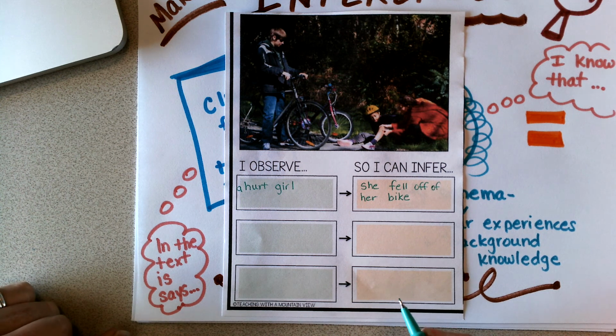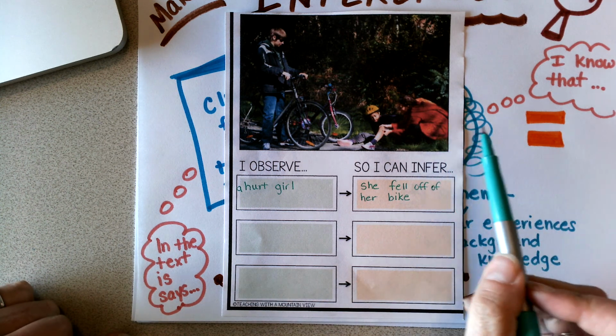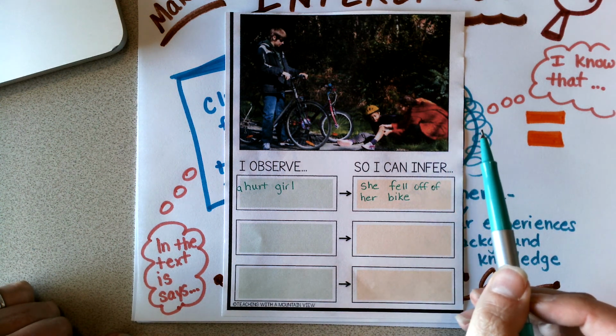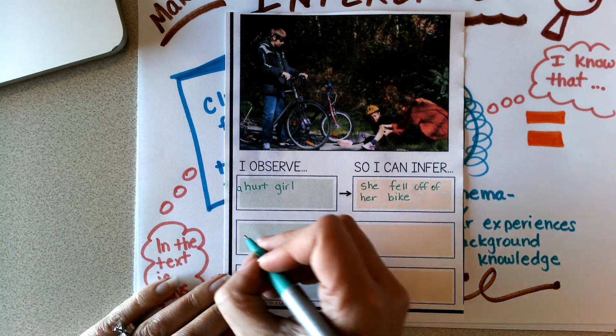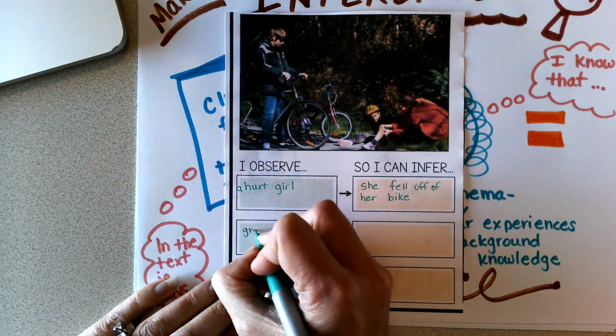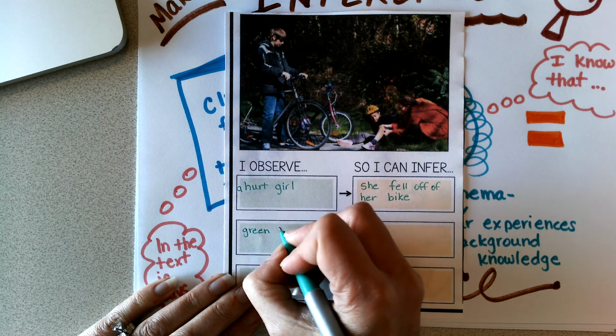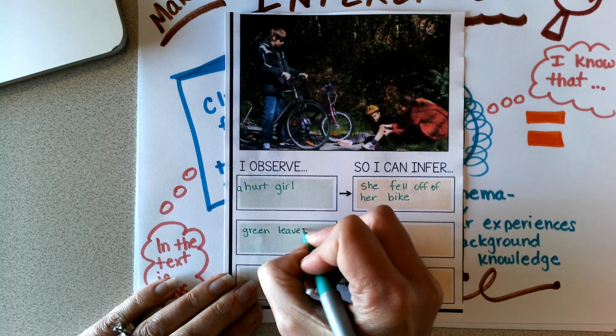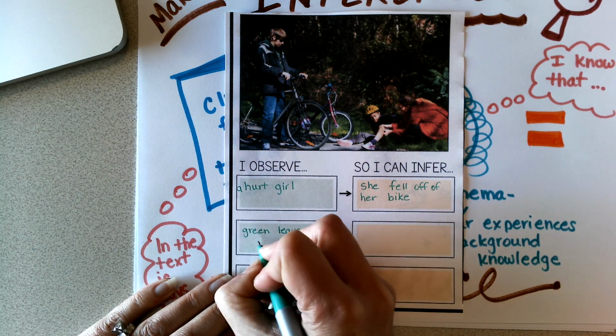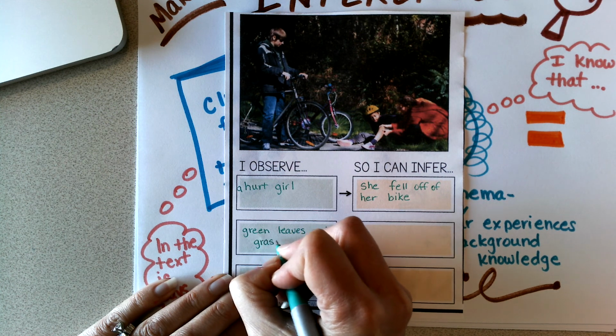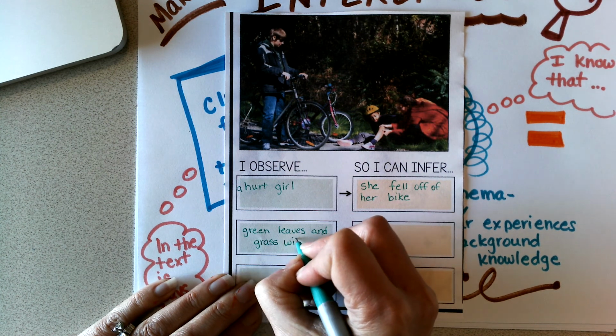I observe that it is springtime. I observe green leaves and grass with sunshine.